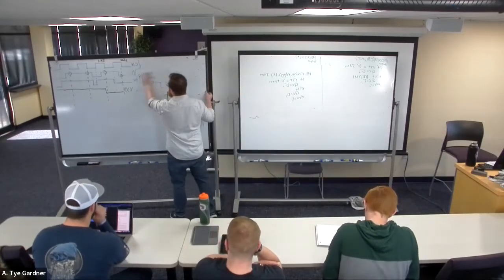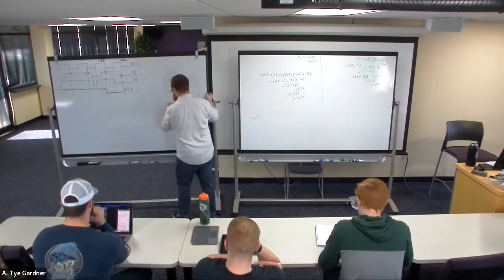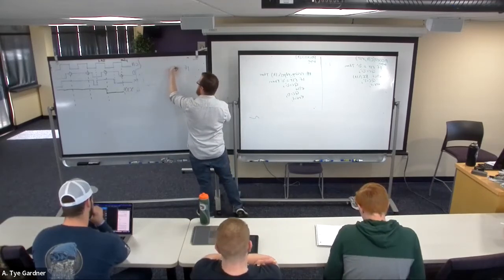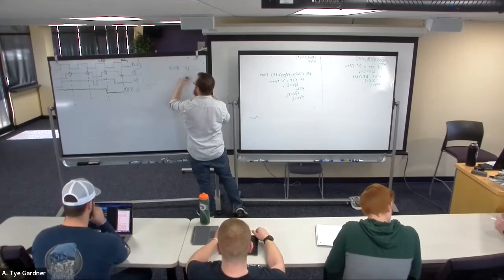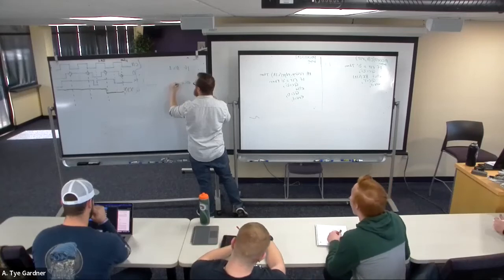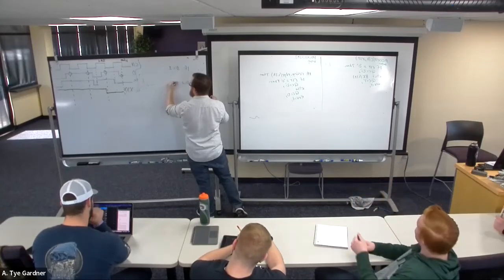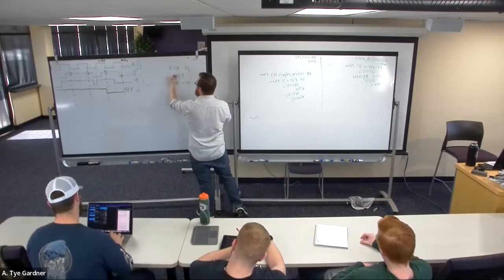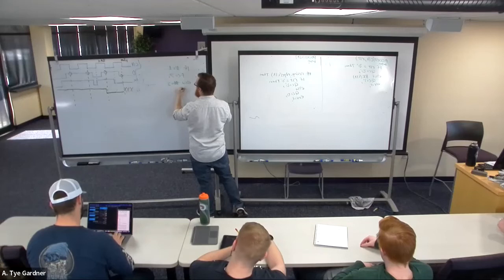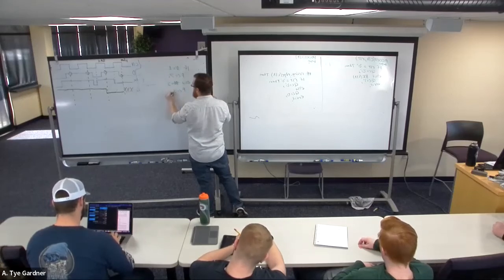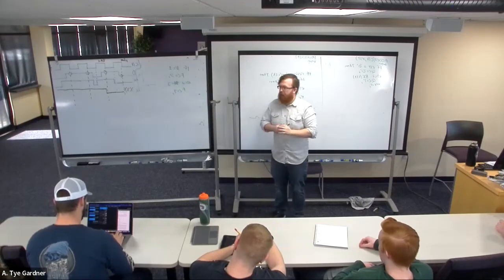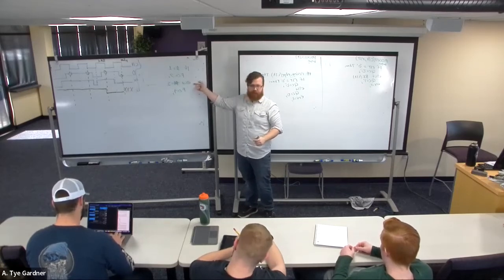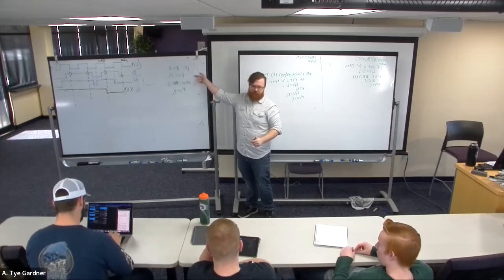I saw some confused faces, so let me just draw. I have this type of code that has an if statement that conditions on two different signals, one N, one M. If N is 1 and M is 2, F is 7.